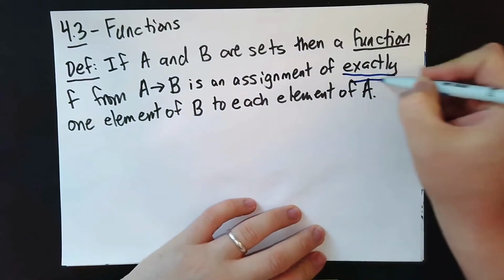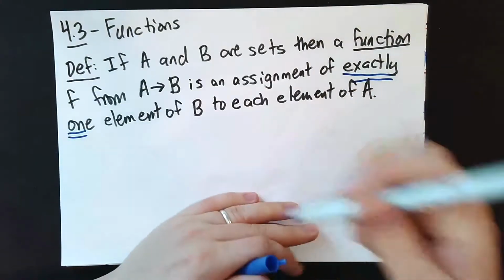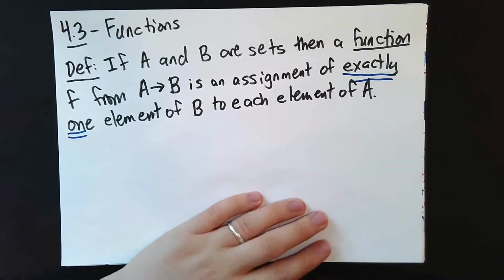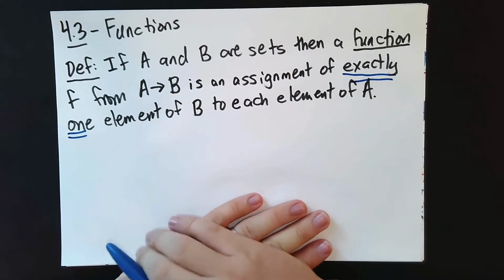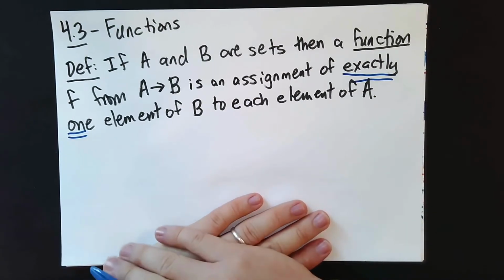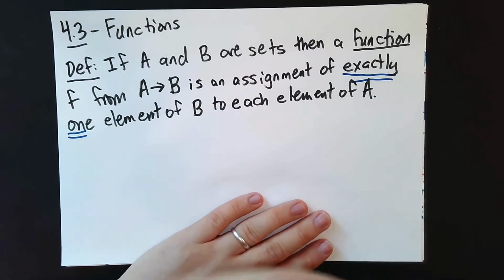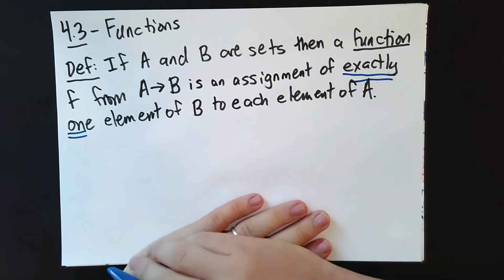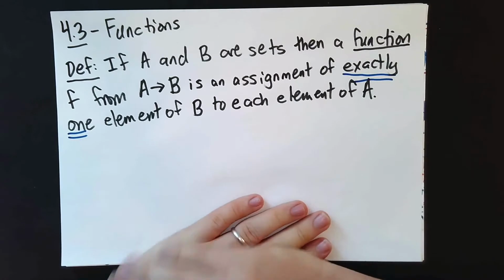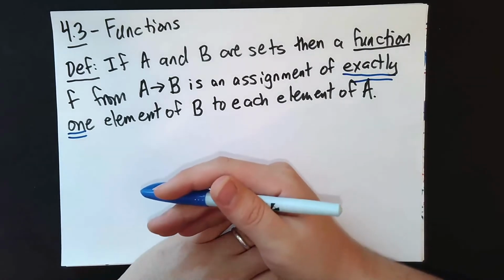Hidden in this phrase, exactly one, is the other really key difference between functions in the mathematical sense we're talking about here and functions in the calculus setting you've talked about before. That's that in calculus, when we talked about a function, we talked about something having at most one output for every input. And so we allowed the possibility, for instance, that a function was undefined at certain points.